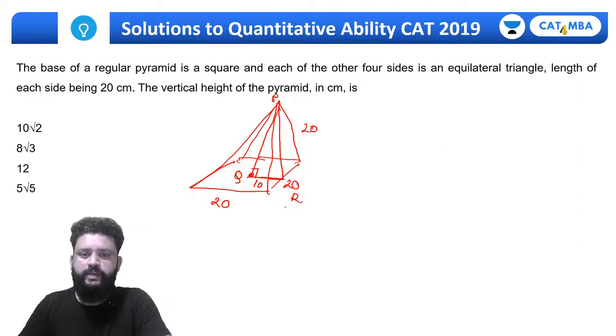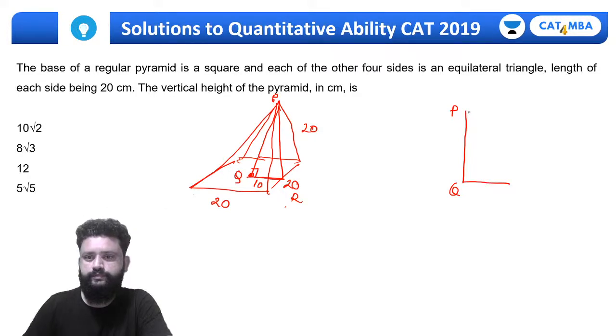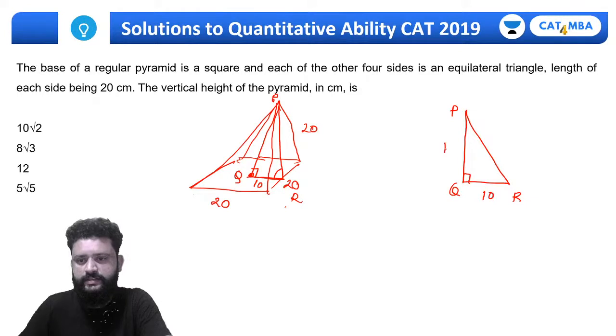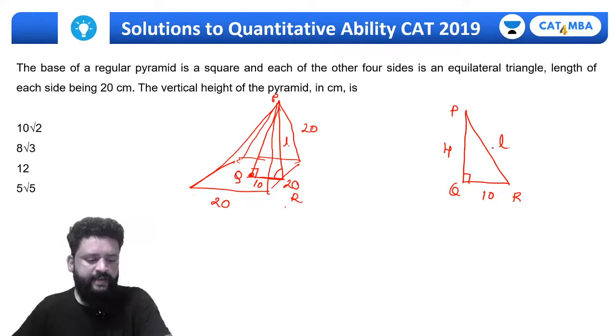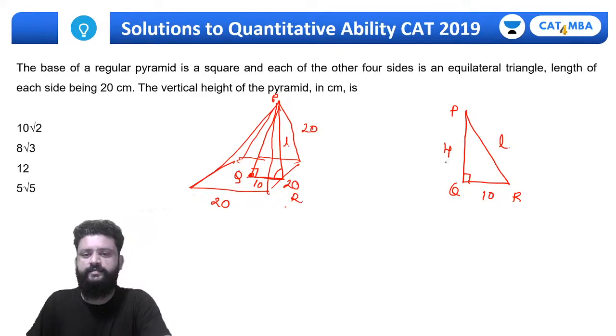So if you talk about PQR, this is PQ. This is not going to be a perpendicular, because that's a tilted face. So this is 90 degrees, this is R, this is 10, this is height H, and let's call this L.